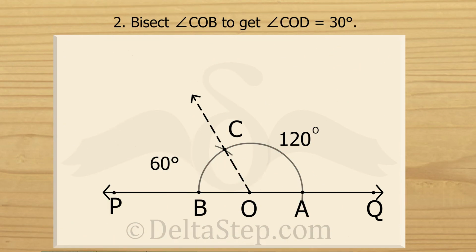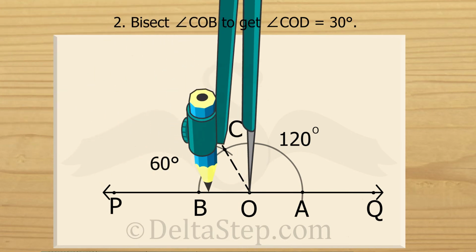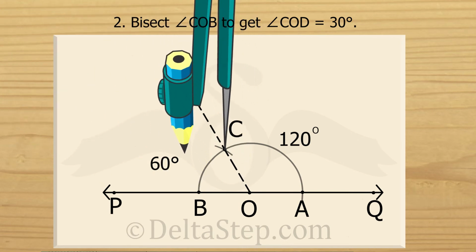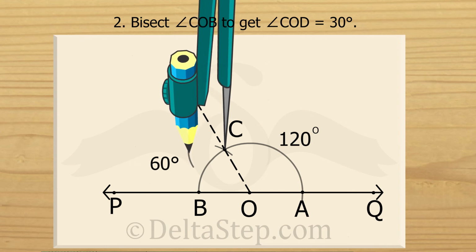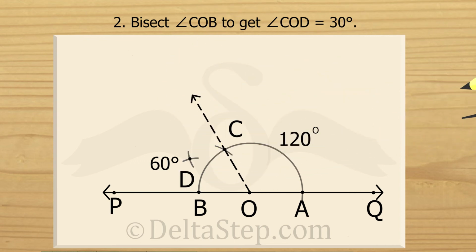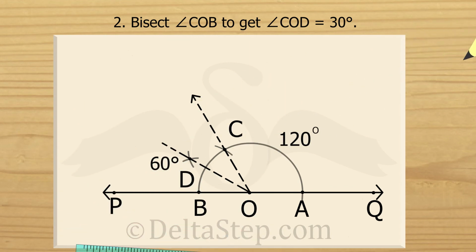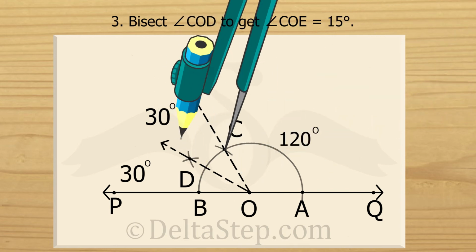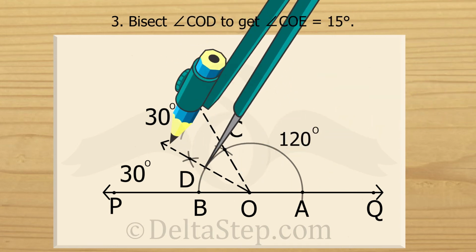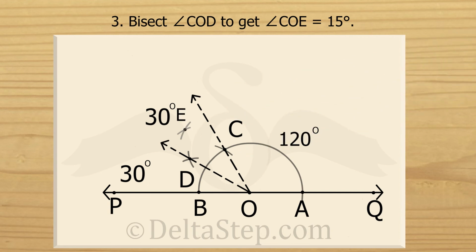Then we bisect the supplementary angle to 120 degree which is 60 degree to get an angle of 30 degree. If we further bisect angle COD, we will get an angle of 15 degree.